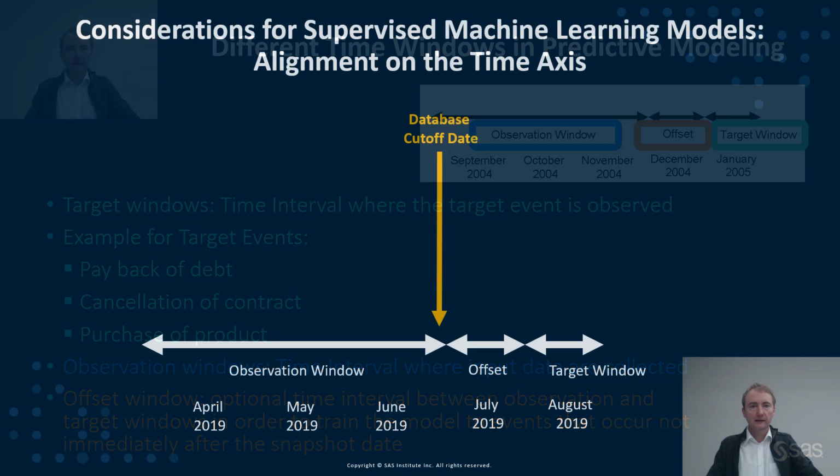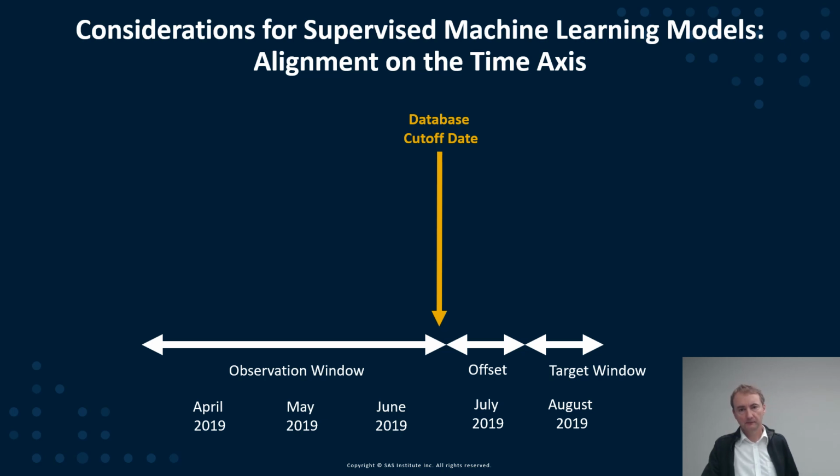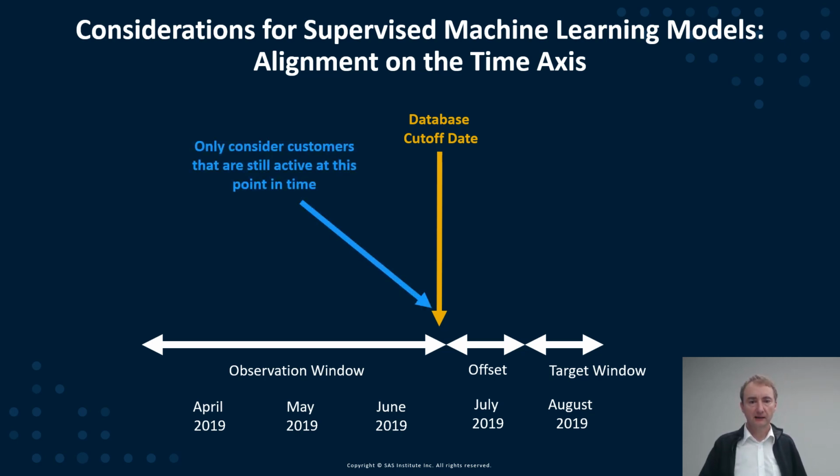Let's take a little bit closer look at that. So an important consideration for the supervised machine learning models is that, for example, if a certain date, in my example here, the last day of June, is your database cutoff date, you are only allowed to consider customers who are still active at this point in time.